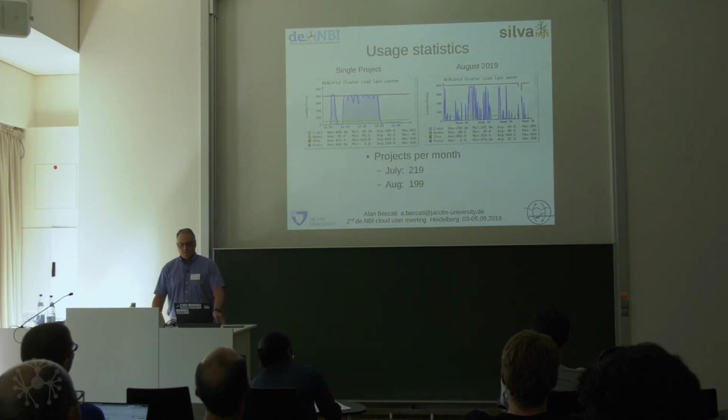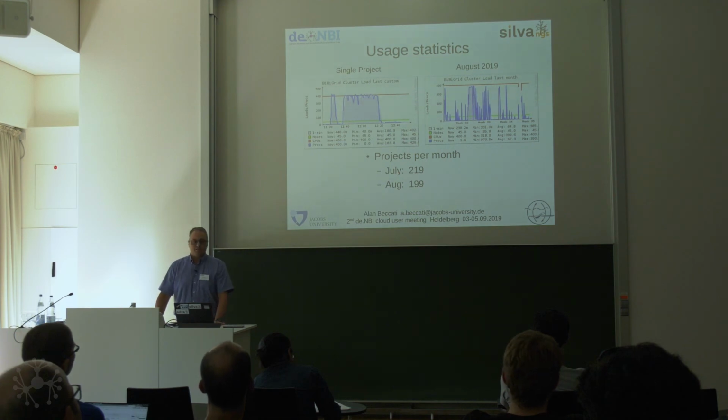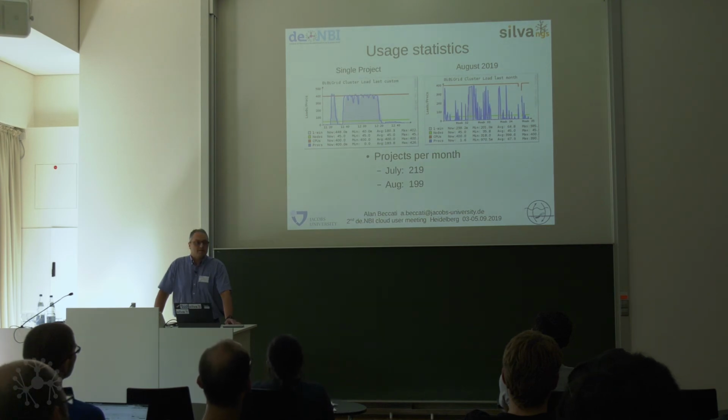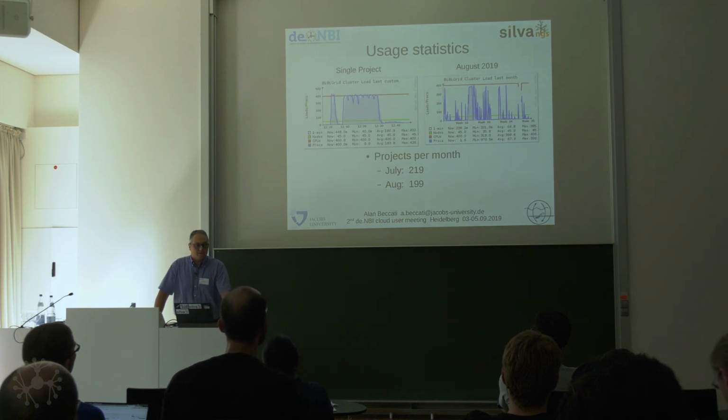Okay, to conclude, a bit of user statistics. On the left, you can see the cluster profile of a single project that has been run. And you can notice that, as I told you, the very high concurrency steps of the pipeline are configured to use the complete amount of resources available on the cluster.